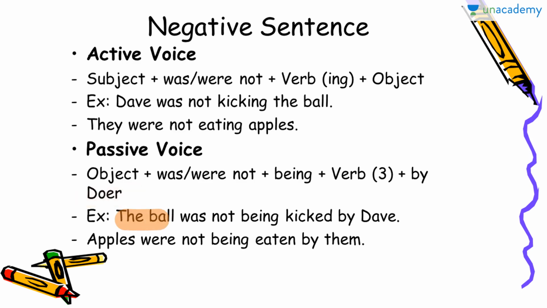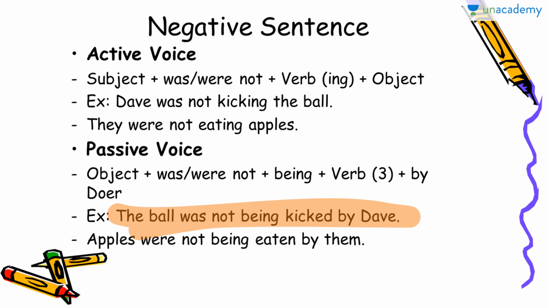For example, the ball was not being kicked by Dave. This ball over here became the starting of the sentence, and then we see further on, was not being kicked is the third form of the verb, and by whom? By Dave. Let's say this sentence is only given to me and I need to change the voice.